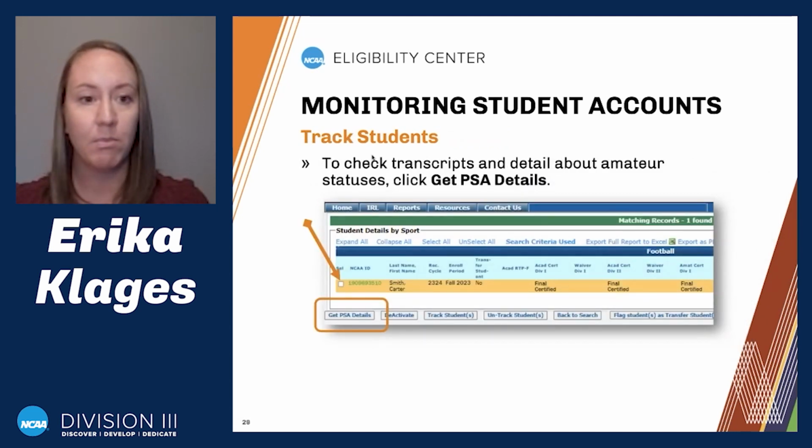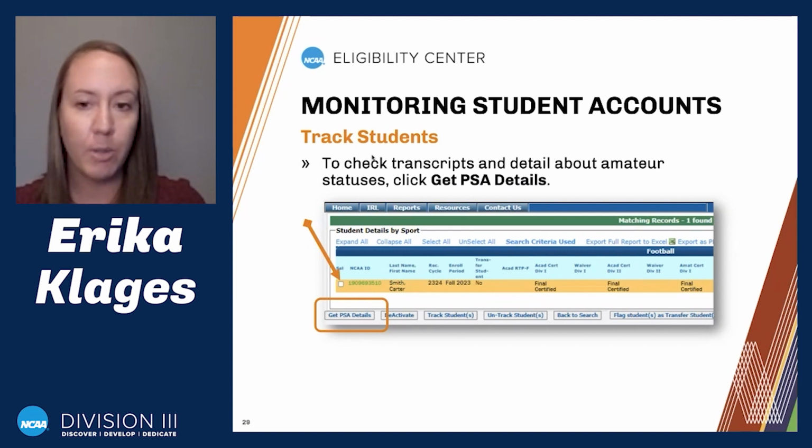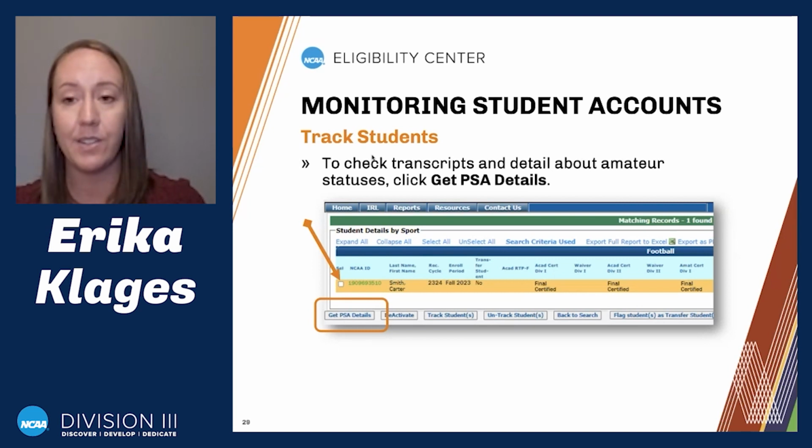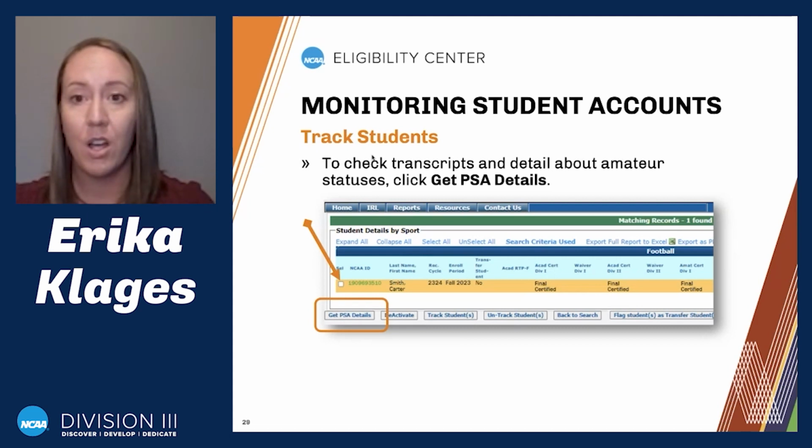And to see more information, you would want to click on the button next to the ID number and click Get PSA Details. This is an area where you would be able to see pretty much any documents in the account that are visible to an institution. So that would be things like transcripts. You would be able to see further information on the amateurism status, but you would also be able to see, when we do an amateurism certification, we will do research along with it.